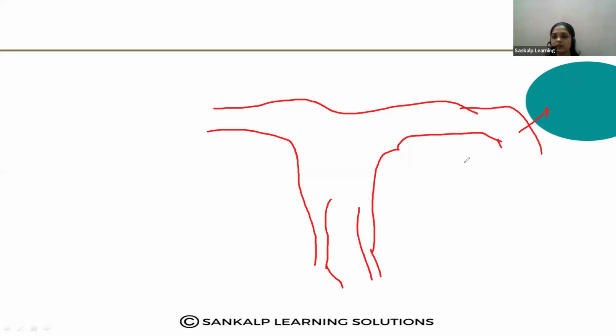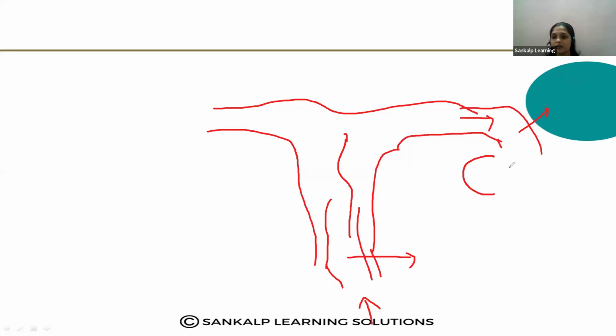In this part the fertilization takes place when the semen is released into the vagina. It passes through the cervix, you know that, and moves into the uterus. Then it reaches the ampullary region.